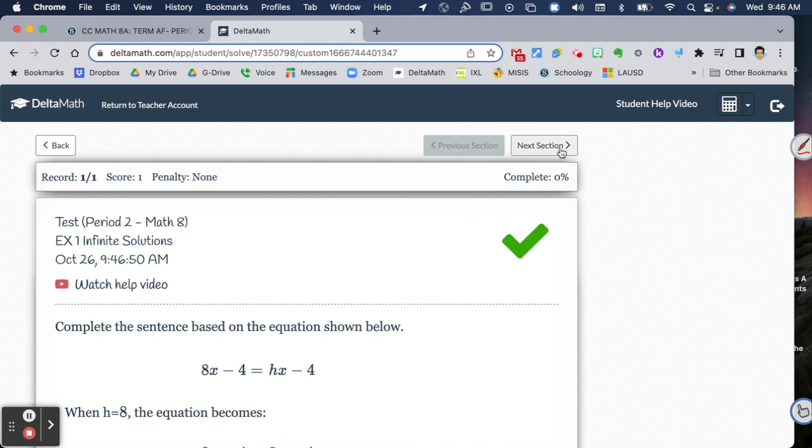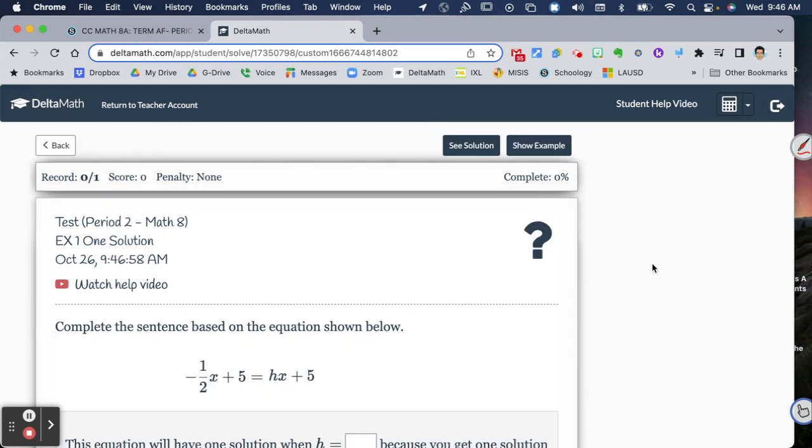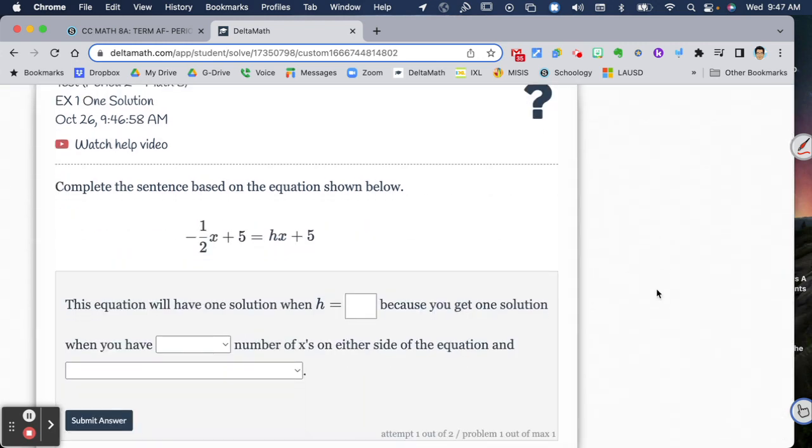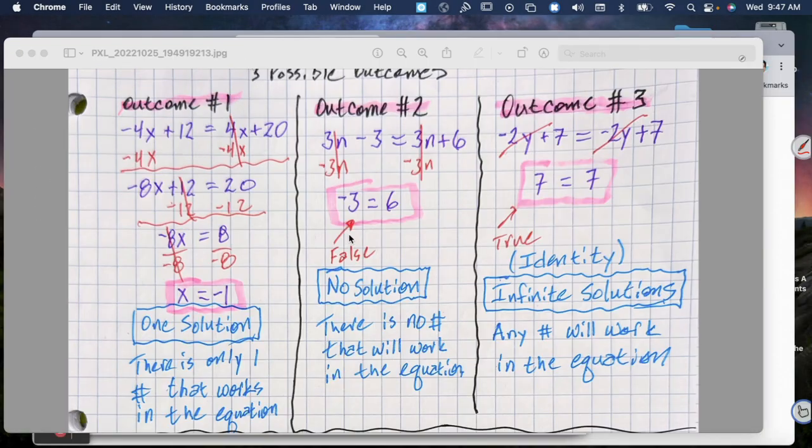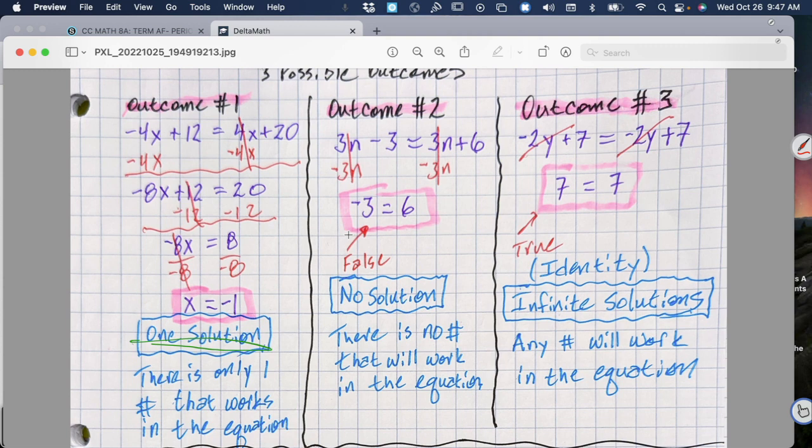Let's try another level 1 for a different type of outcome. Okay, so this time it says, complete the sentence based on the equation shown below. So we have this. Again, we're going to replace h. This time we want one solution. So let's go back and take a look at what one solution looks like from yesterday.